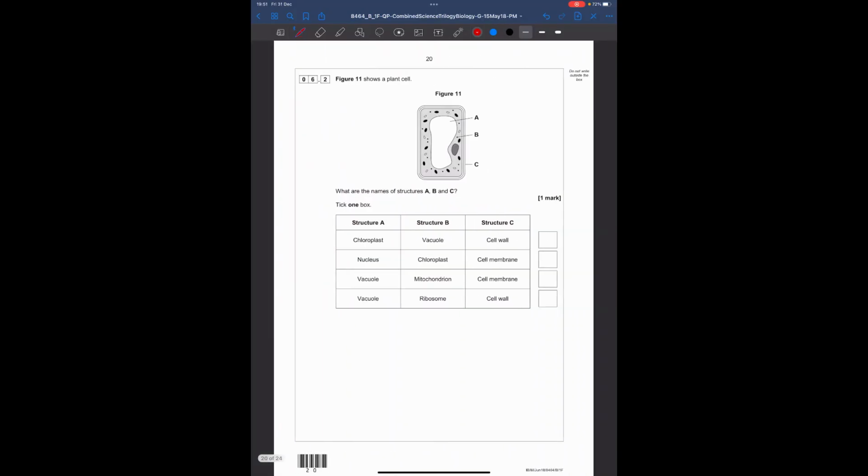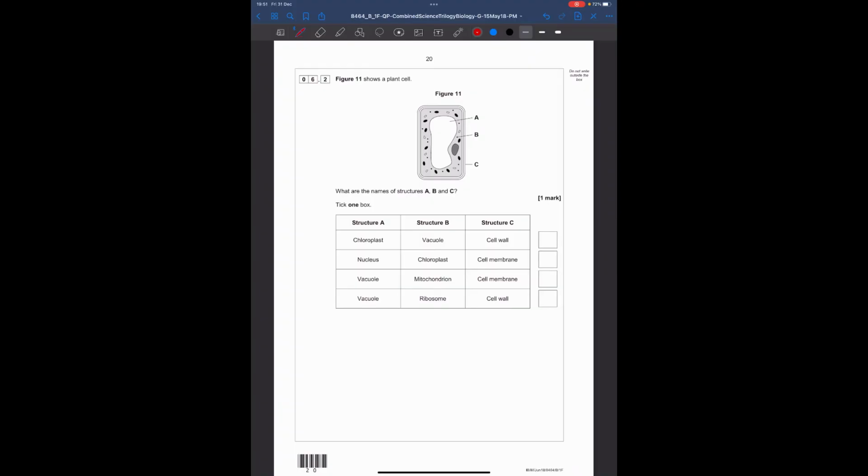Question 6.2, figure 11 shows a plant cell. What are the names of structures A, B and C? So you've got this table here and you just have to tick which row is correct. So start off by taking each one at a time. It's saying the first one, that structure A is a chloroplast.